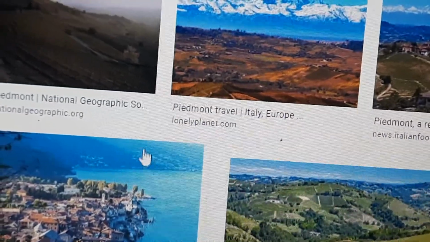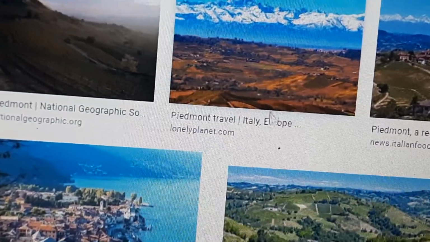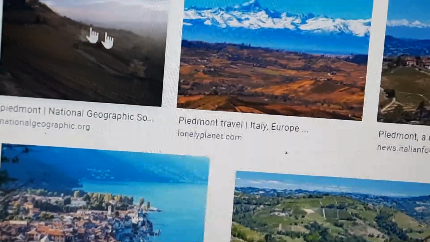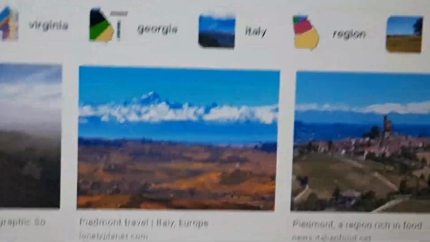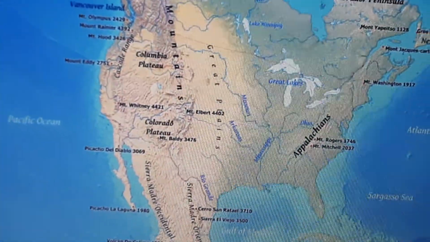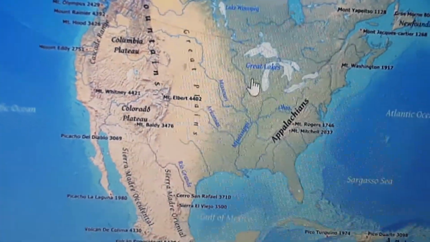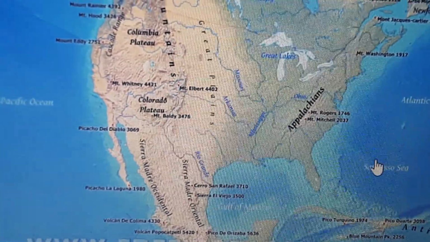And rapids are formed when a river flows swiftly down uneven slopes. Let me show you on the map. So many rivers arise and then fall into the Atlantic Ocean.